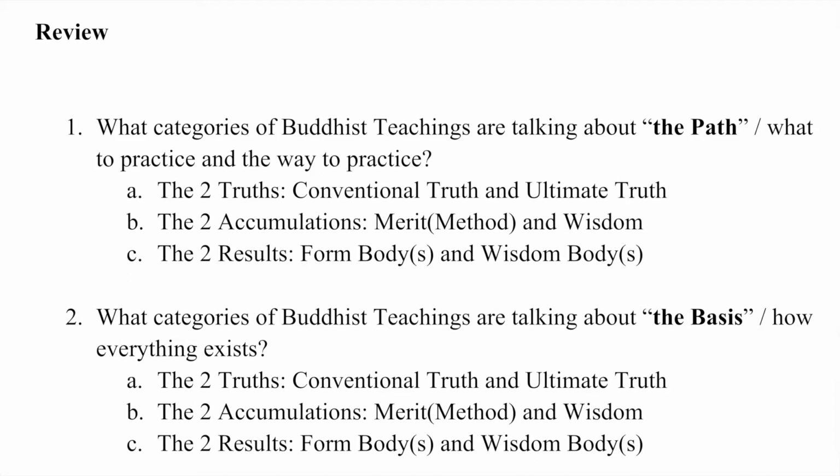And then 2, what categories of Buddhist teachings are talking about the basis, how everything exists? A, the two truths. B, the two accumulations. C, the two results. How things exist, Buddhist science.